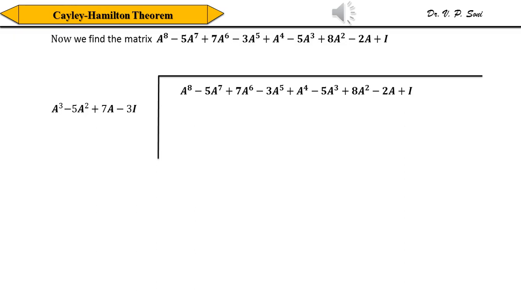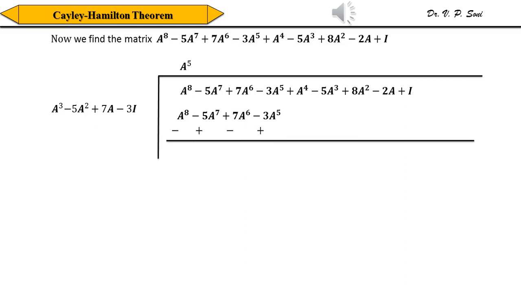So if we multiply by A raised to 5, we get a polynomial of degree 8. So the divisor multiplied by A raised to 5 gives A raised to 8 minus 5A raised to 7 plus 7A raised to 6 minus 3A raised to 5. Now subtract, then we get A raised to 4 minus 5A cube plus 8A square minus 2A plus I.